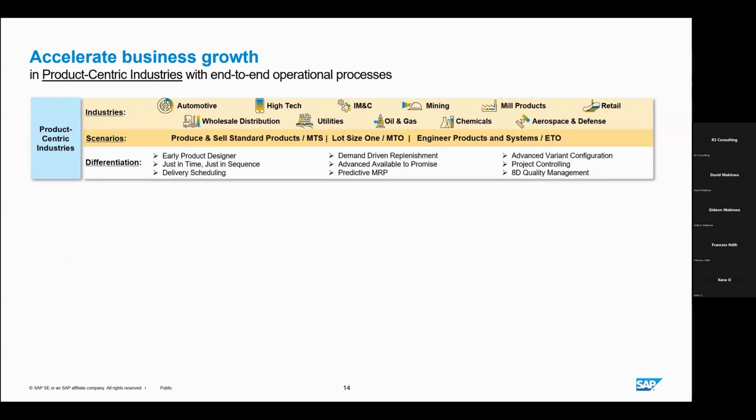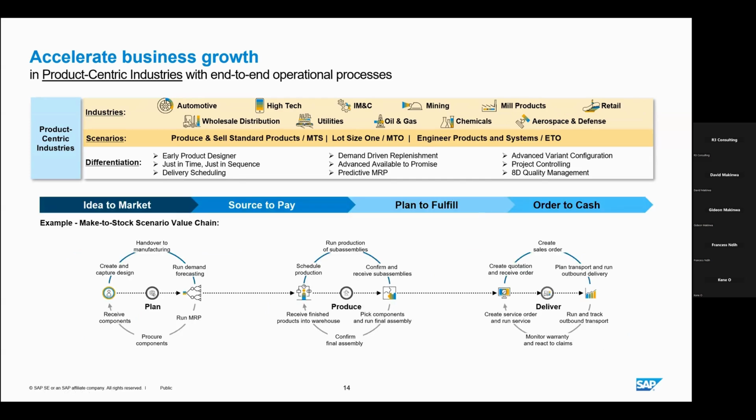Some of the other industries we support: wholesale distribution, automotive, high tech, mining, mill and retail. We'll talk about the aerospace and defense, which is also one of the key areas of focus. We have oil and gas, we have the chemicals, we have utilities, right? Industries.